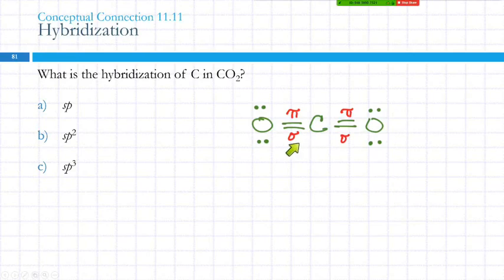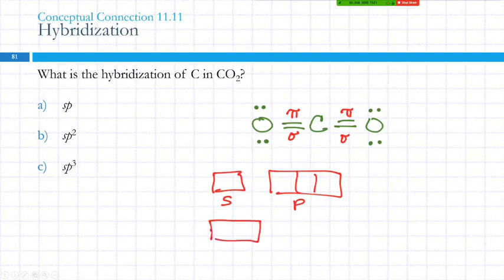So if carbon is going to make 2 sigma bonds, how many hybrid orbitals does it need? To make 2 sigma bonds, it needs 2 orbitals. And so from its original s and 3 p's, we're going to get sp, and we're going to leave 2 p's alone.